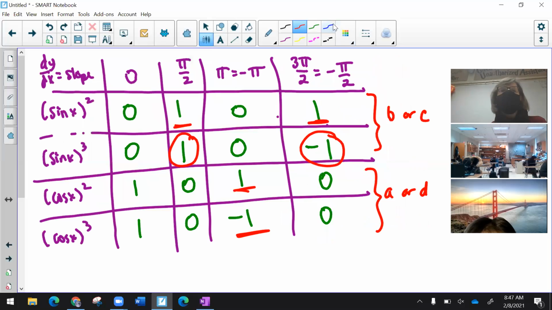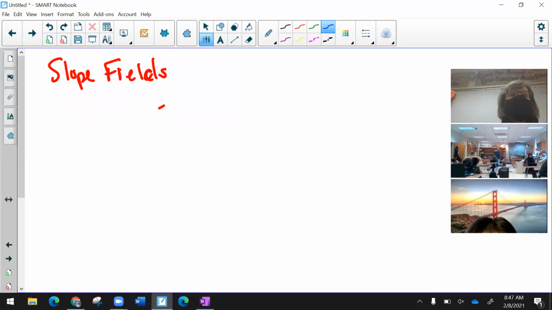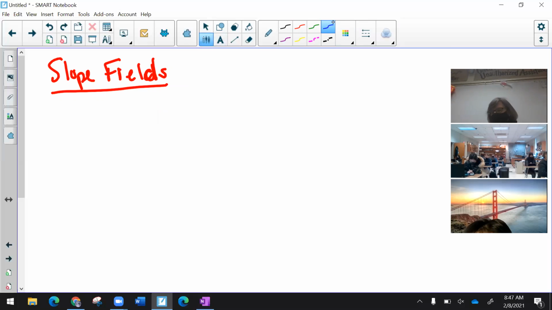All right, so let's talk about flow fields. Fields in general are a difficult thing to wrap your head around because you can't actually see them.